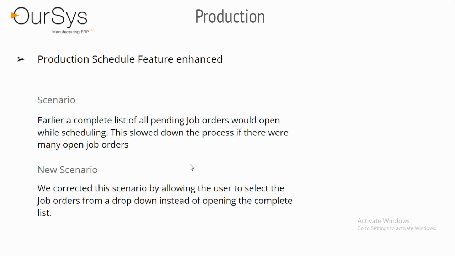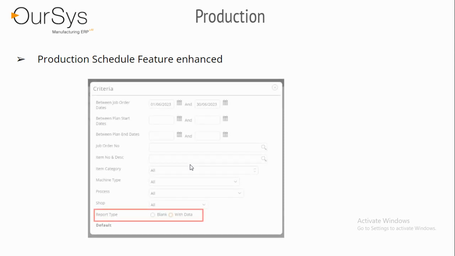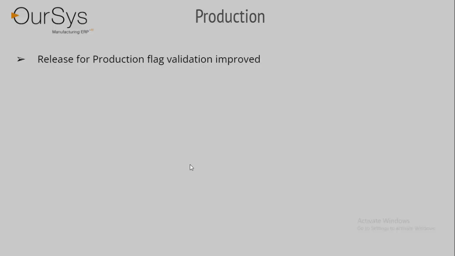Now we have given an option to view the production schedule with data or blank data. If you select blank data, you get a blank form, and you can select the job orders you want and schedule them. If you select the with data option, then all open jobs will be shown in the form.